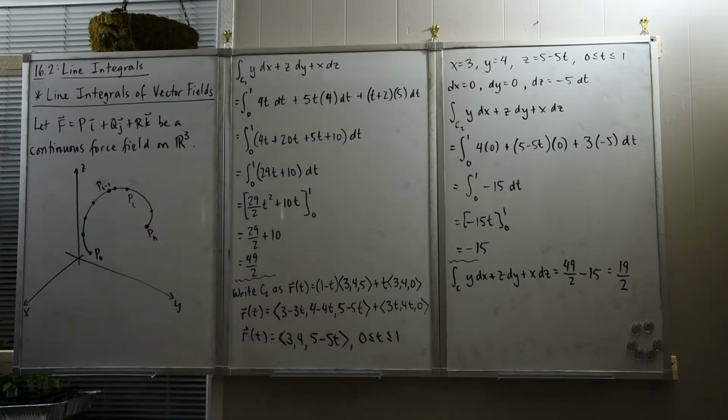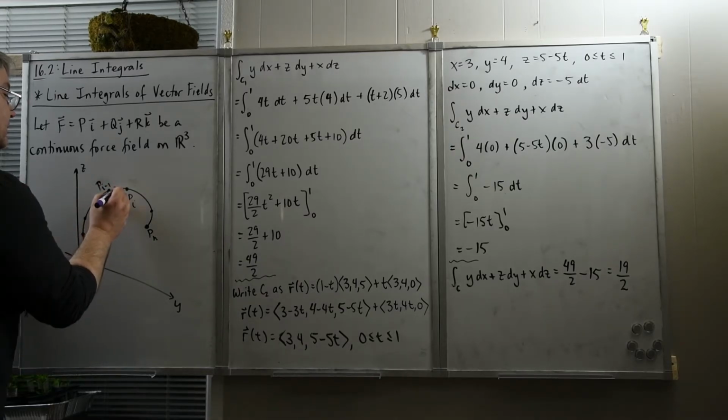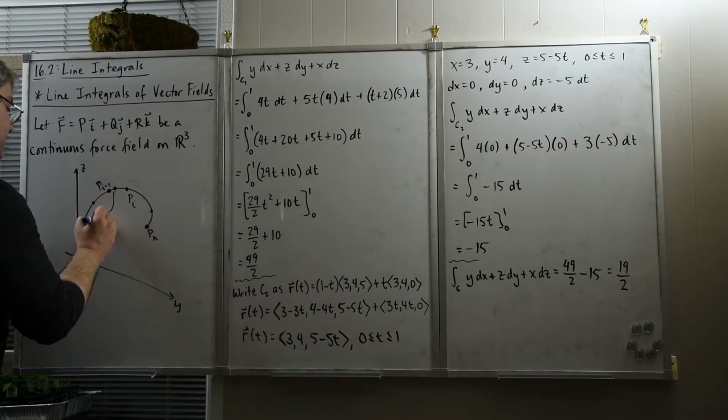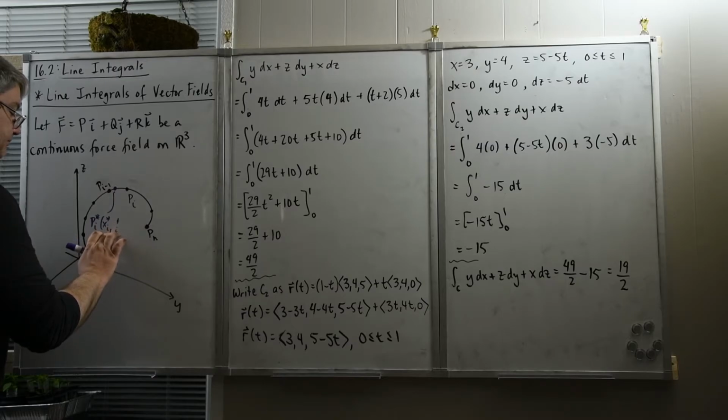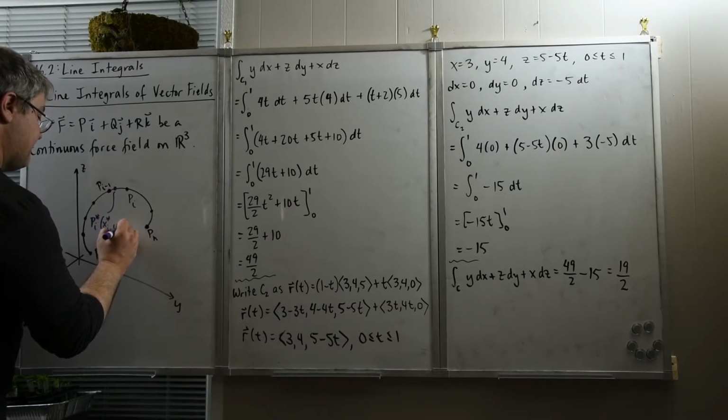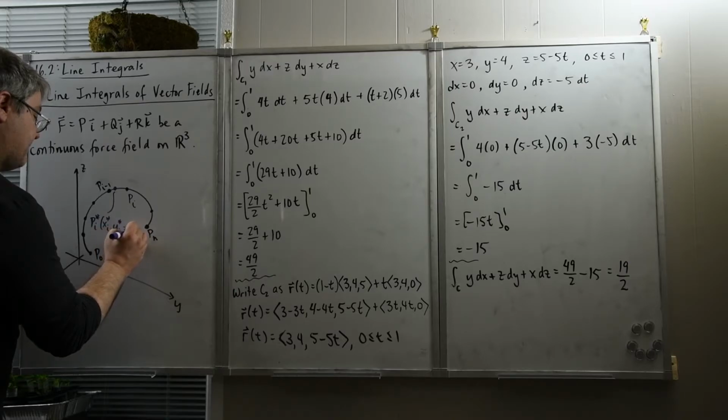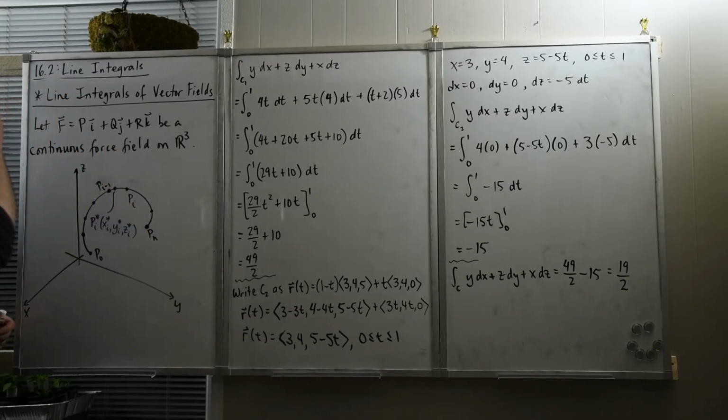And that's going to be some sort of p sub i star, which is going to have coordinates xi star, yi star, and zi star. All right, so that's our representative point from subarc i. Now, once again, you got to keep in mind that this point actually corresponds to some sort of ti star that's in our i-th t subinterval.